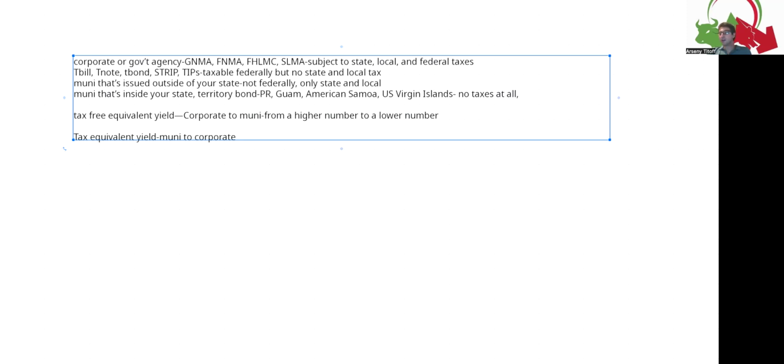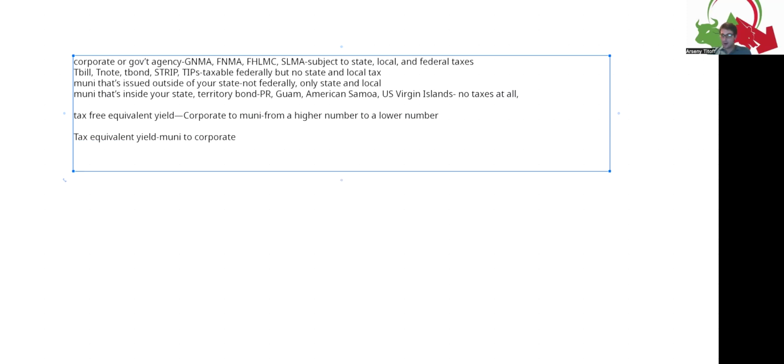And the way you do it is very, very simple. Let's keep it simple. Let's say you're in the highest federal tax rate, the 37% federal tax rate, and there's no state and local.